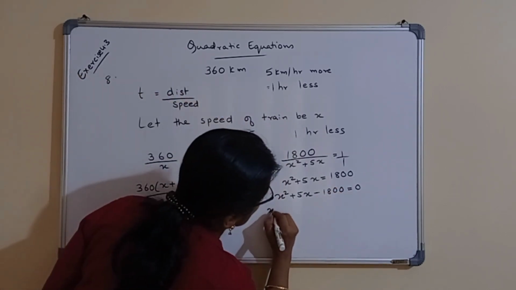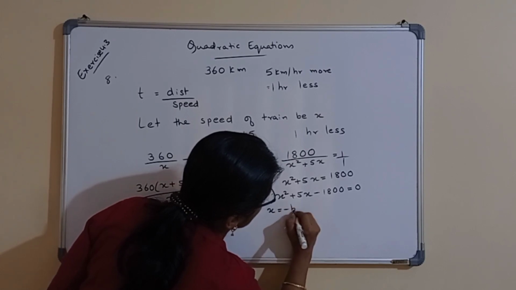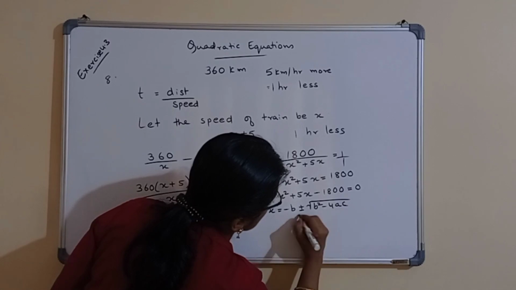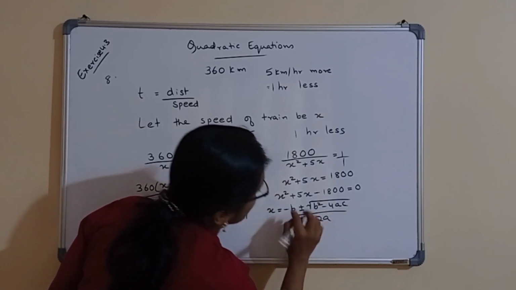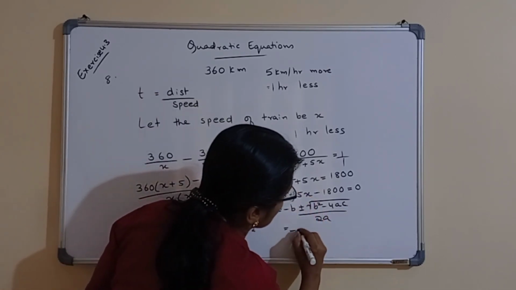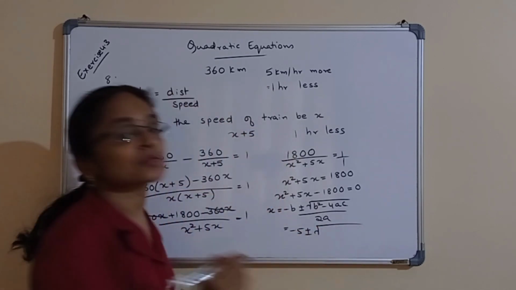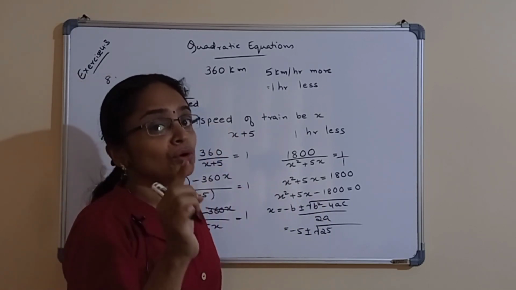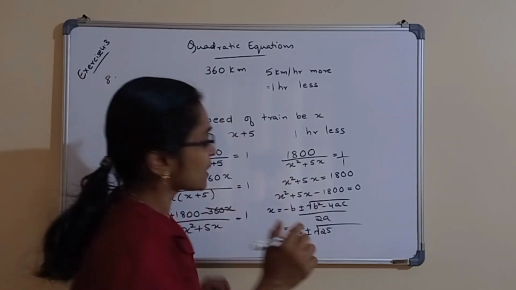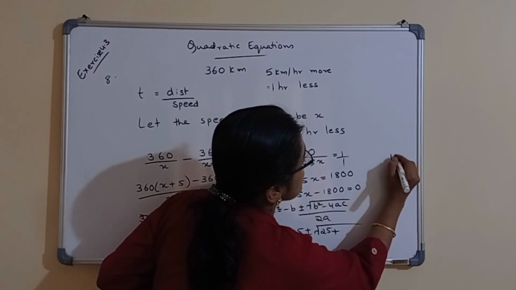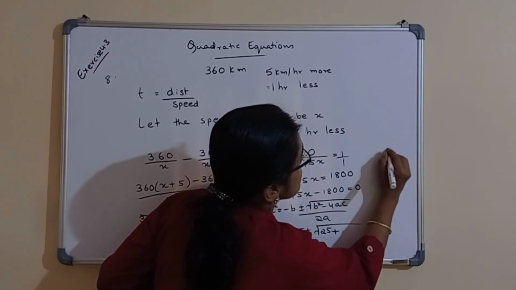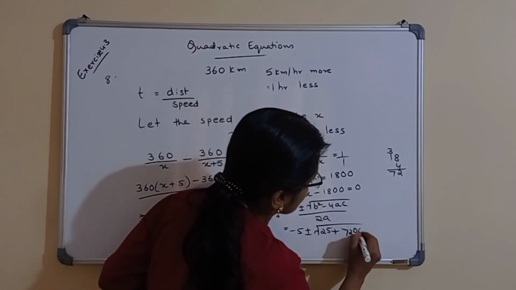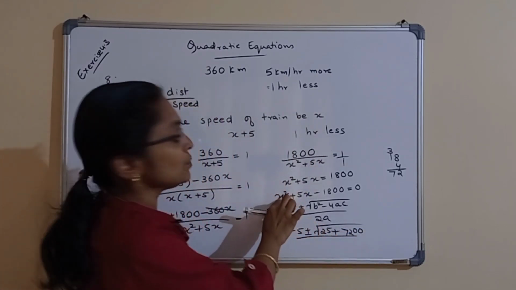Now we can use the quadratic formula: x equal to minus b plus or minus root of b square minus 4ac by 2a, and minus b is minus 5 plus or minus root of b square is 25, then minus 4 into minus 1800. It will become plus. And 1800 into 4 is 7200.